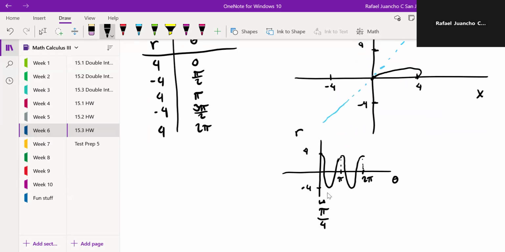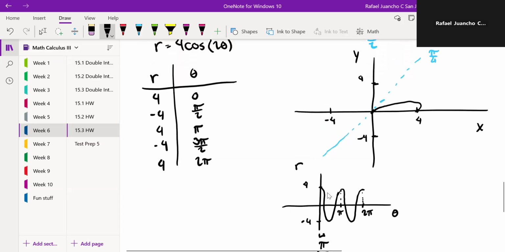This is pi half. I go to negative 4. God, this is so confusing.